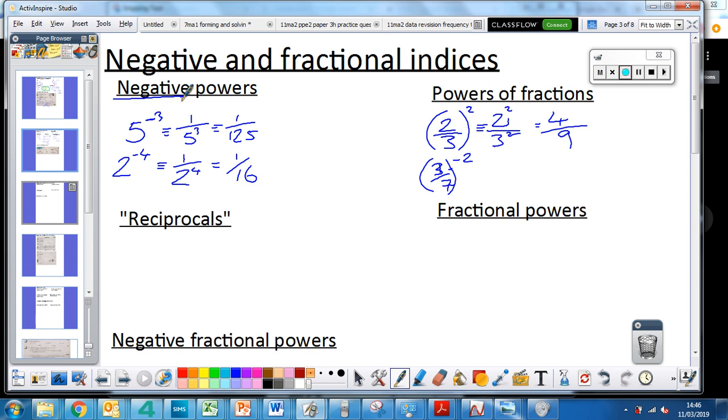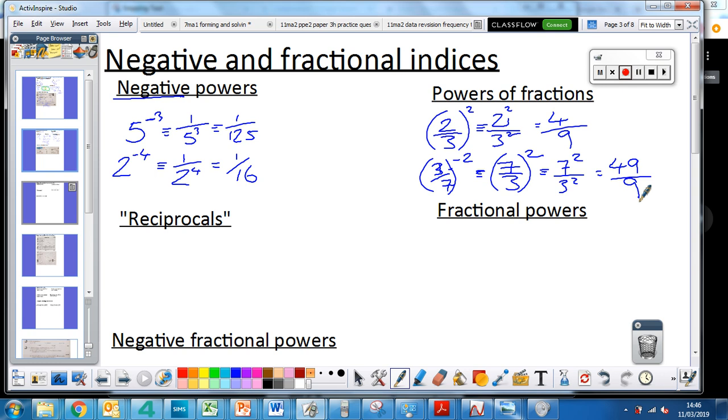So to flip 3 over 7, it becomes 7 over 3. The power 2 is still there. The negative part we dealt with meant flip it. We flipped it. So it's now 7 over 3 to the power 2. Remember now that the power of 2 operates on the numerator and the denominator. So this is 7 squared over 3 squared, which is 49 over 9.